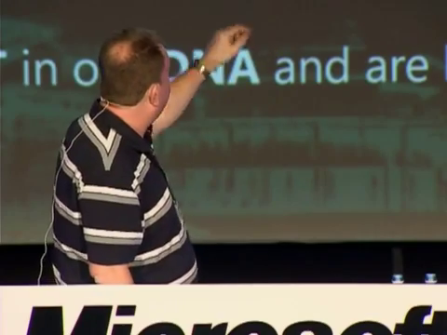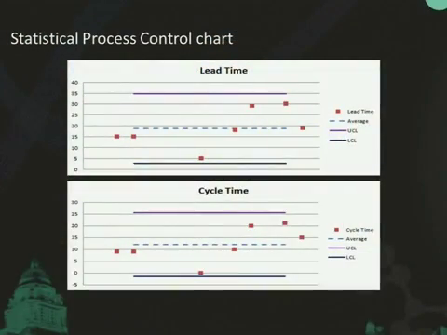It's very useful. As you continuously improve, do those points on that scatter chart start going towards the mean, the average along the middle there? And that shows that you're becoming more predictable. The lines at the top and bottom are called upper and lower control limits, and they're calculated based on 2 times standard deviation.